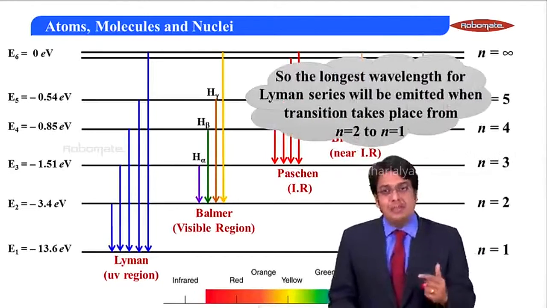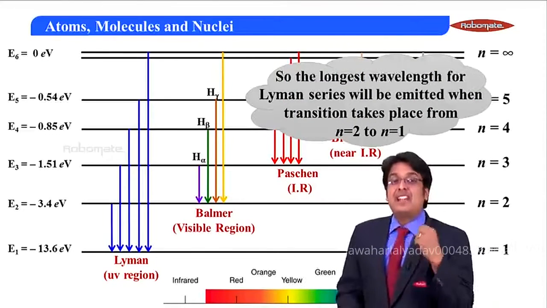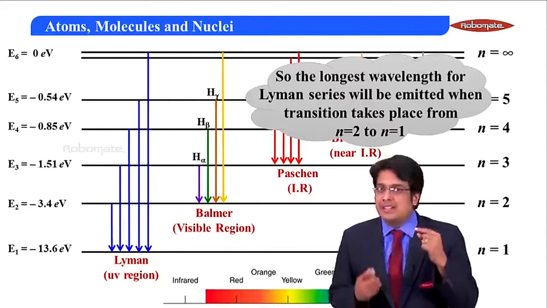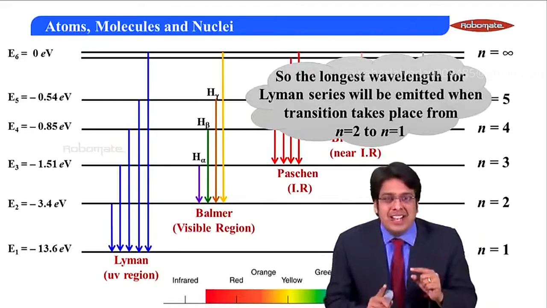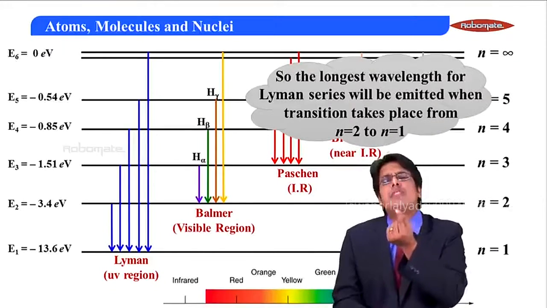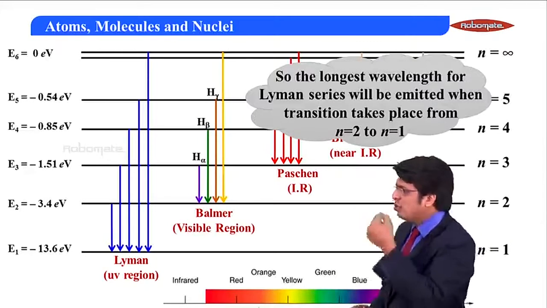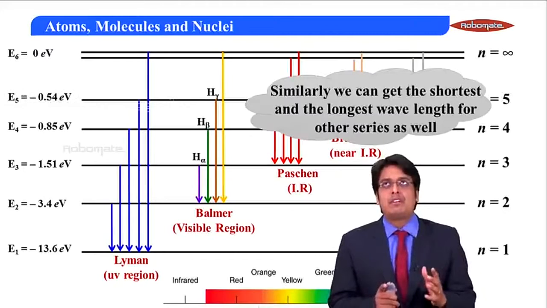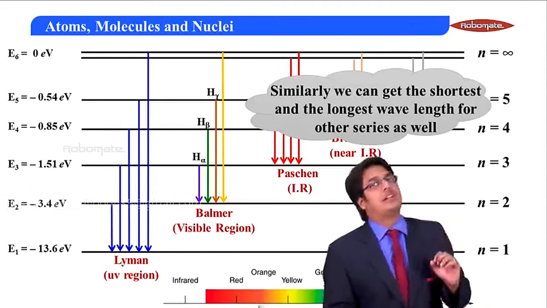Now, if you ask me in Lyman series, which is the line with the longest wavelength? Longest wavelength means lambda is high. If lambda is high, the frequency will be low. Frequency is low, energy is low. Energy is low, so the smallest line. The smallest line is from 2 to 1. And if you talk about the entire spectrum, the smallest line will be the Pfund's first line.